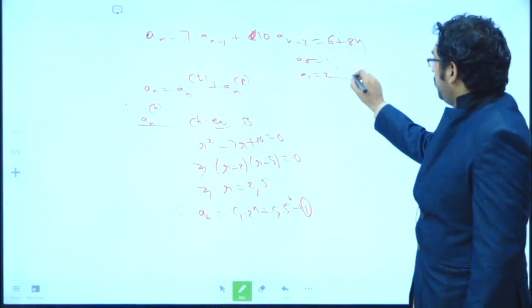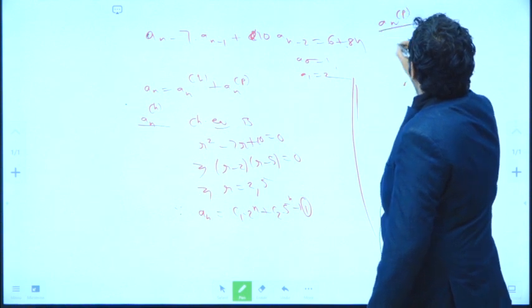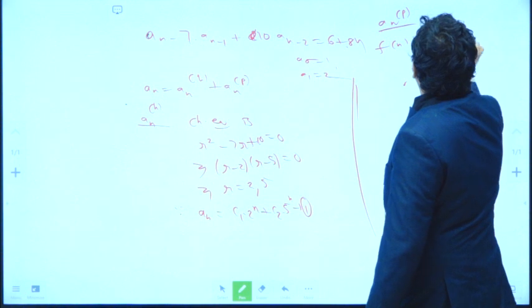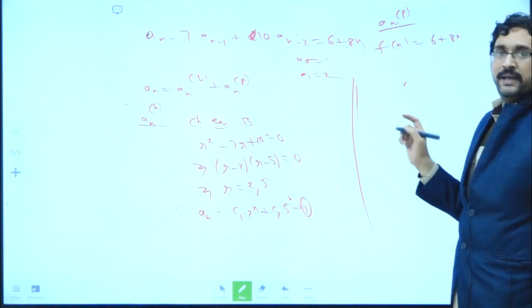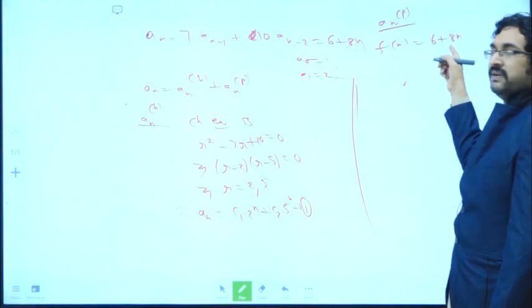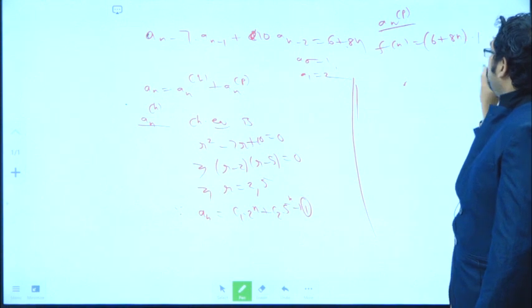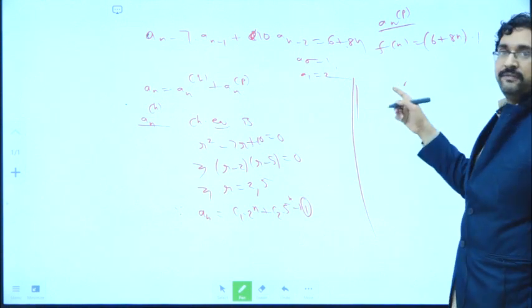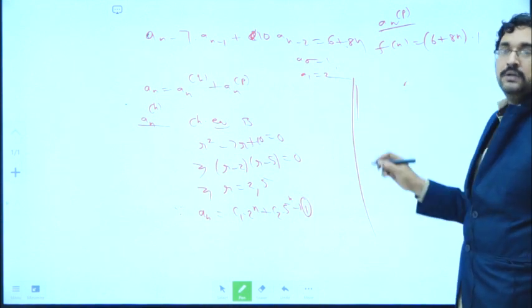Now we have to compute a n power p. What is f of n here? 6 plus 8n. So it is a polynomial, b0 plus b1 into n, into 1. Is 1 a characteristic root? No. So f of n is a polynomial and 1 is not a characteristic root.